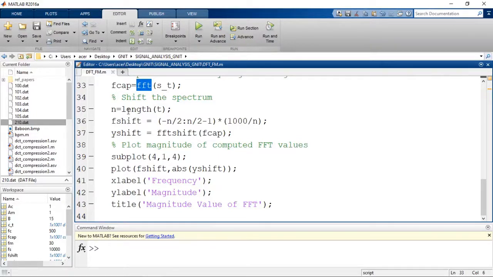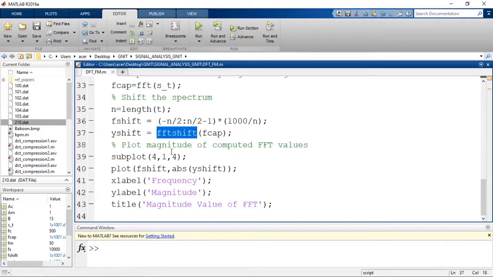For that purpose, you take n equal to length of t, and make the frequency axis from minus n by 2 to n by 2 minus 1, scaled by fs divided by n. Then y shift is fftshift. We make use of the fftshift function to shift the frequency vector to the center.